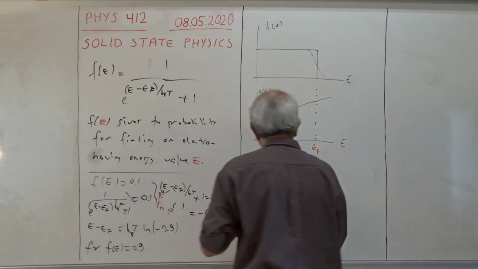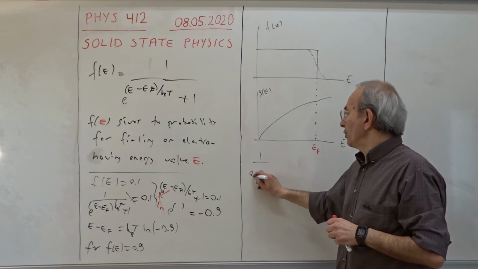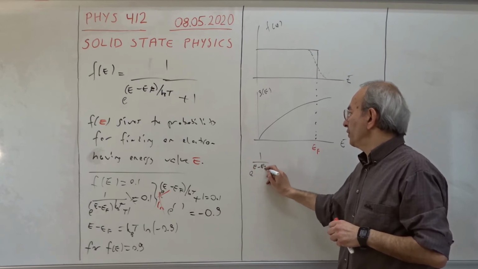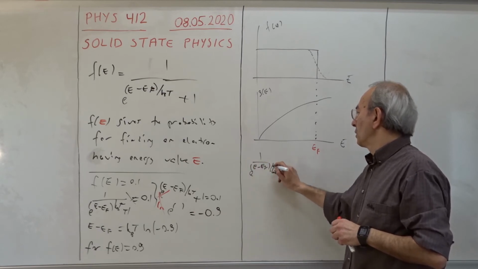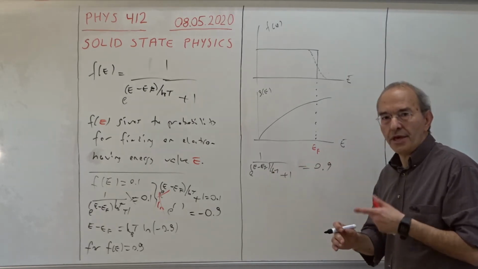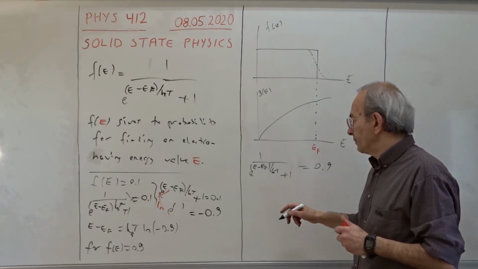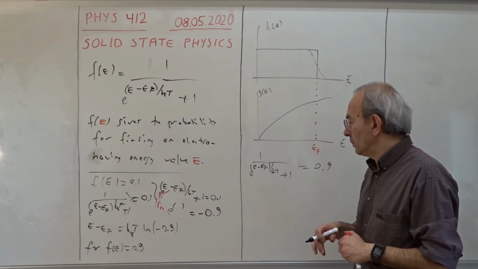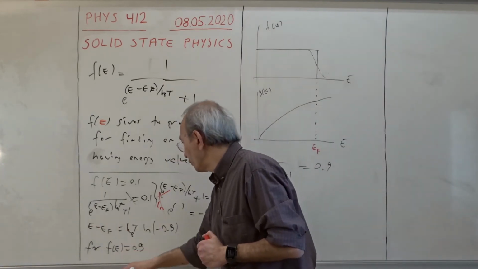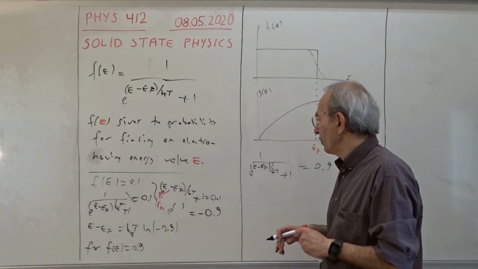Let me do it here. E to the 1 over energy difference plus 1 is now 0.9, the other extreme. There's also 0.1 there.